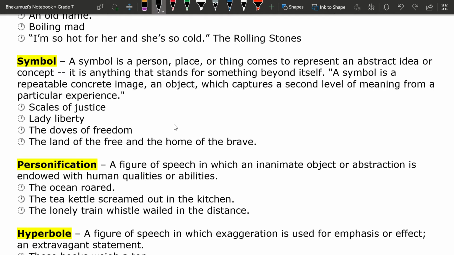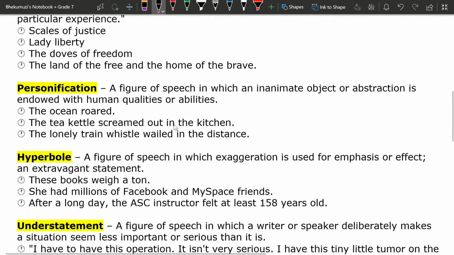And then we also have what we call personification, right? This is a figure of speech in which an inanimate object, meaning a non-living object or abstraction, is endowed with human qualities, right? It's given human qualities. So basically, for instance, the ocean roars.